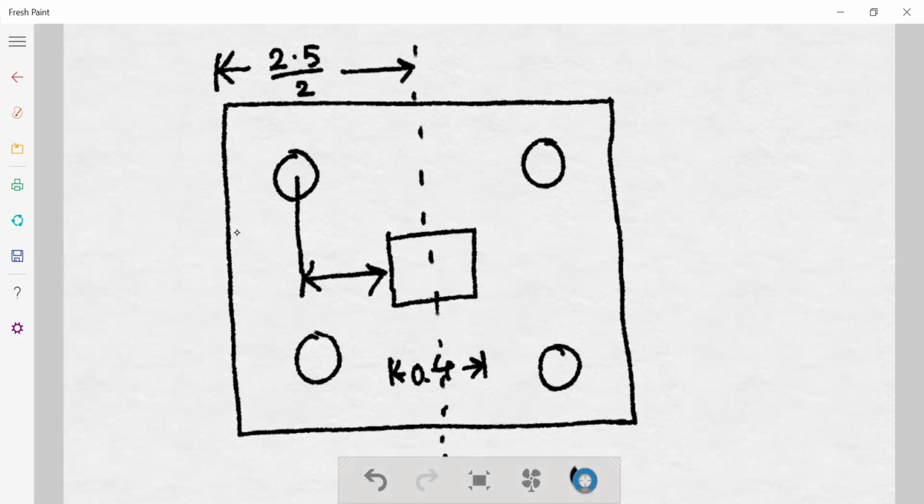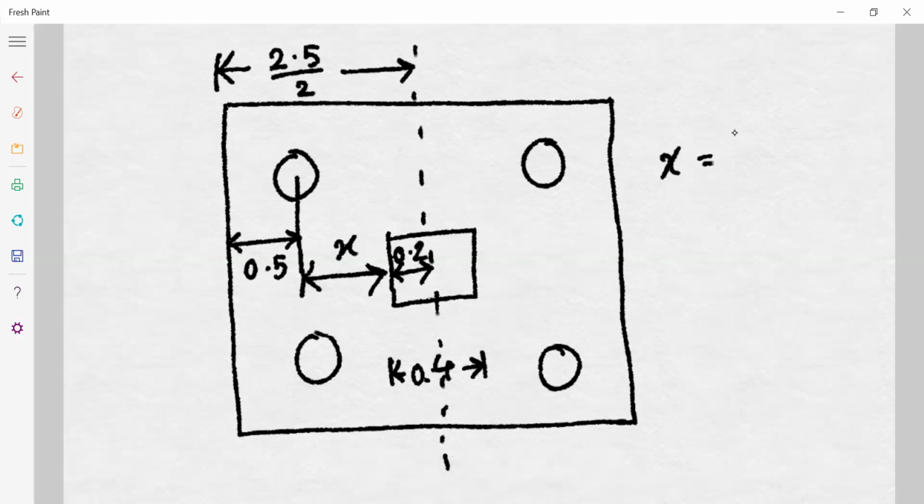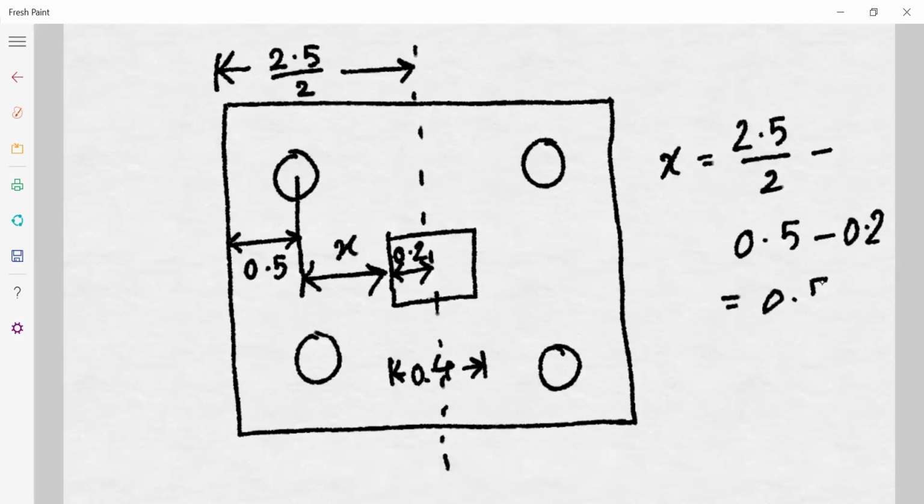This one is 0.5 and this one is 0.2. So what is this x? X will be equal to 2.5 by 2 minus 0.5 minus 0.2, which is equal to 0.55 meter. This one will be 0.55 meter.